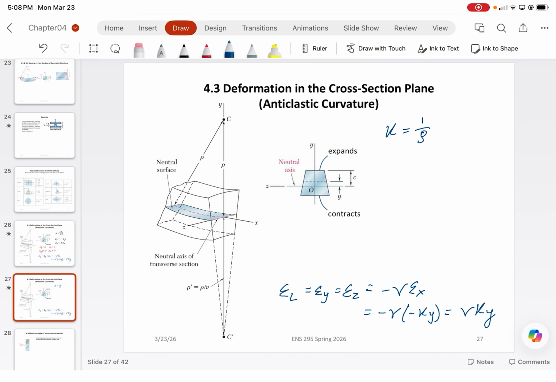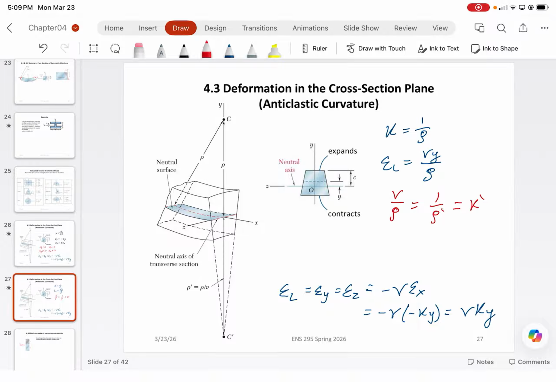So we can rewrite this to say that epsilon L is equal to Poisson's ratio times y divided by rho. We can define a new term, Poisson's ratio divided by rho, and set it equal to 1 over rho prime, which is the radius of anticlastic curvature, which gets defined as k prime.